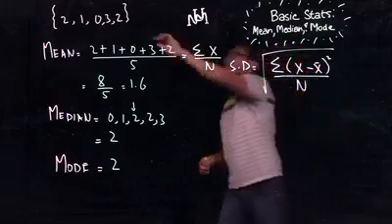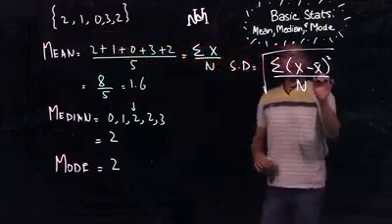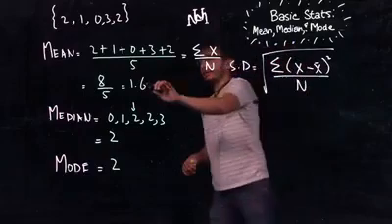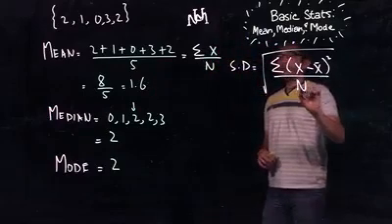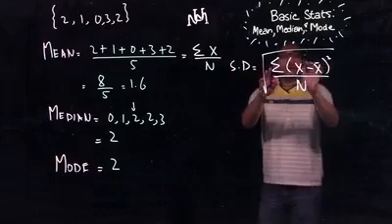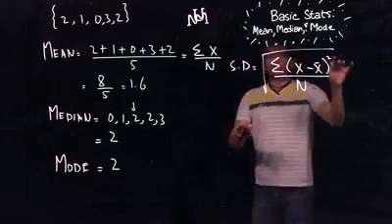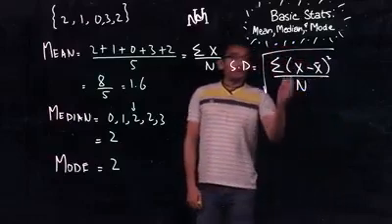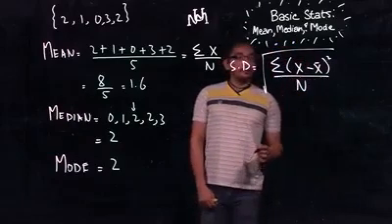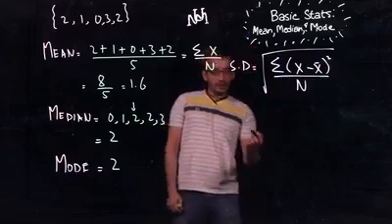X is all these observations in the sample. X bar is simply your mean, which we have already calculated. It's 1.6. And n is the total number of observations. Then whatever we get after calculating this, we have to take the square root of that number. So let's break down all these individual components of the standard deviation formula and see how we can calculate it.